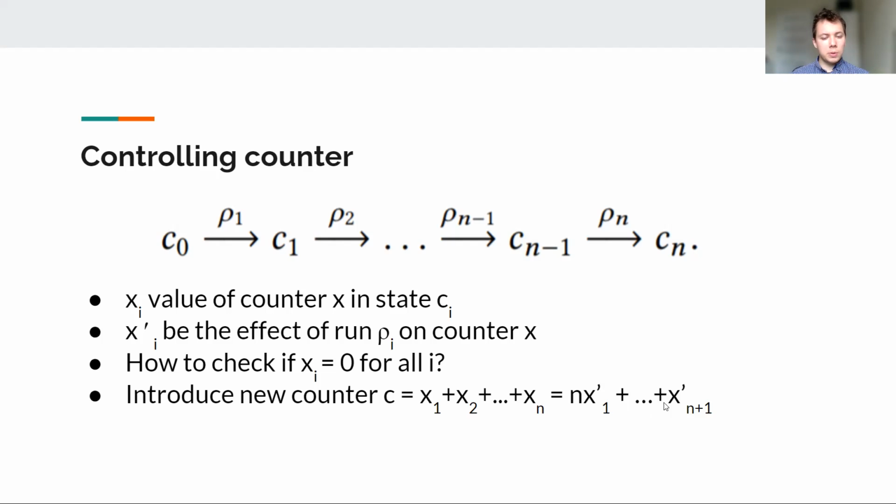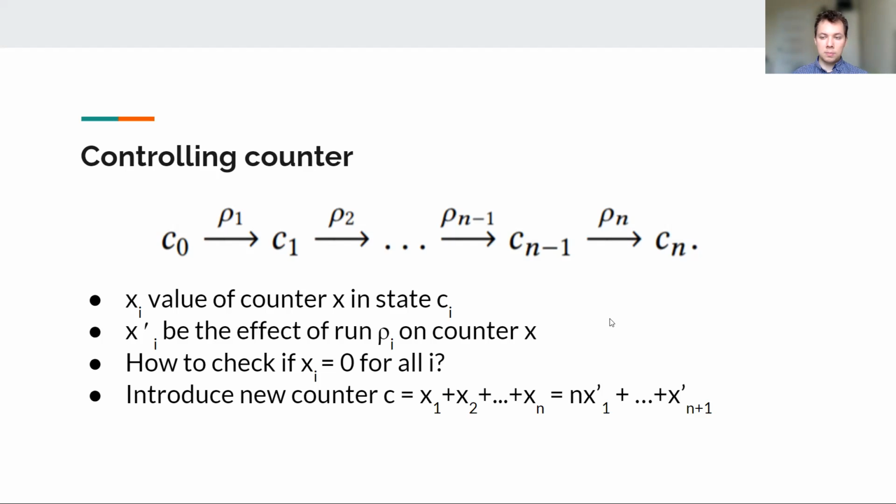So now we can simply compute the value of this counter on row 1. Each incrementation of x is joined with the same incrementation of c, but multiplied by n, here multiplied by n-1, and at the end multiplied by 1.